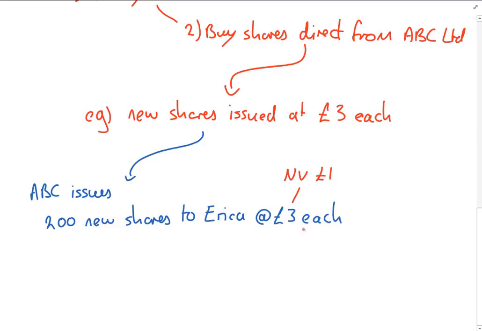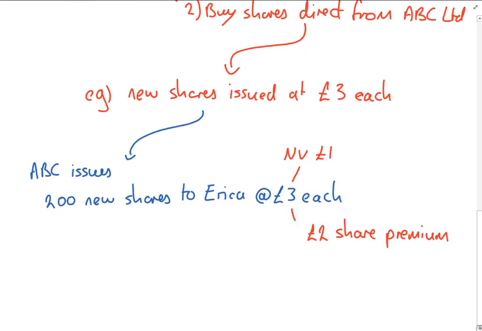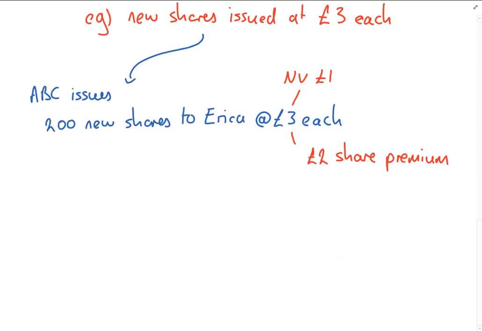So 200 shares are issued with a nominal value of £1. So what about the remaining £2? Well, we simply call this the premium on the share issue. Hopefully that makes sense. And let's just look at it in a little more detail.